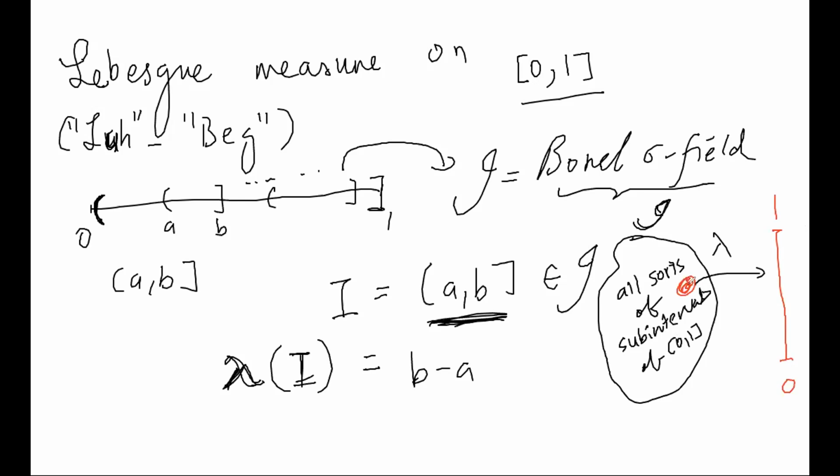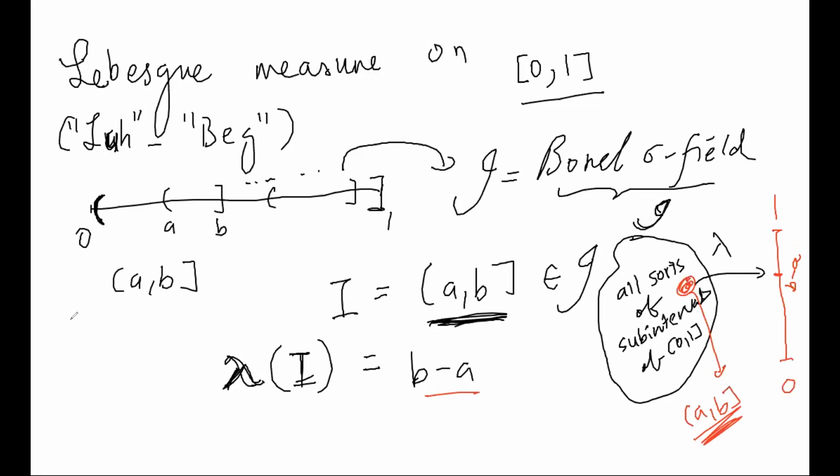The way it maps it is that if this is an interval a, b, it will map it to the length b minus a. It puts it there depending on the length of the interval. So it's very simple.